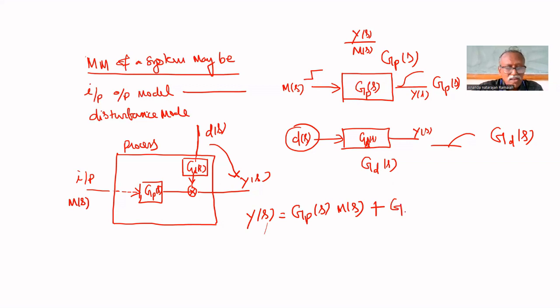For that, the model is GD of S, disturbance model, multiplied by D of S, disturbance as input. So if you consider both the input as well as disturbance, this is the expression for output.